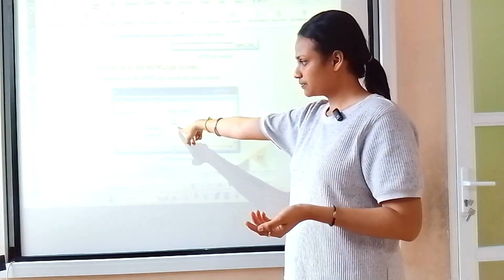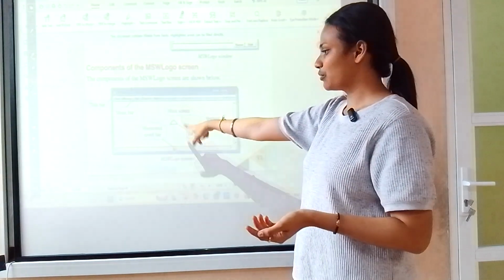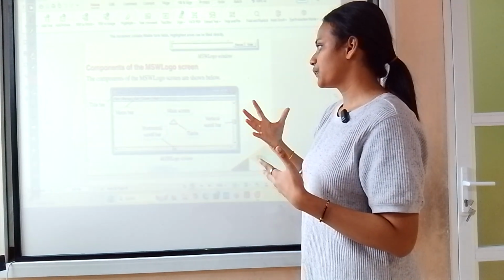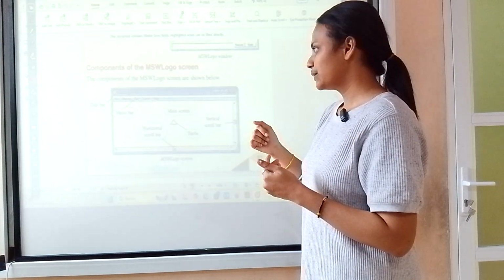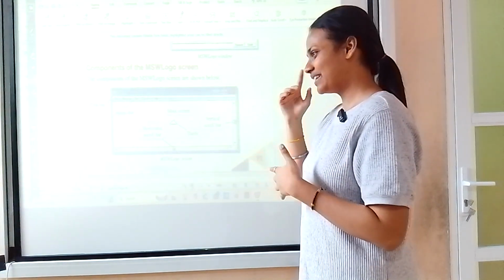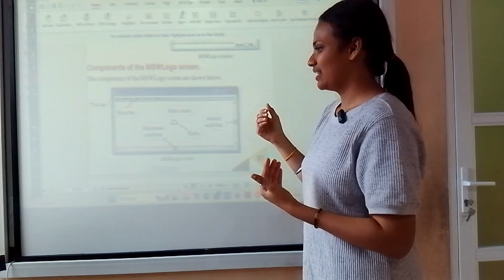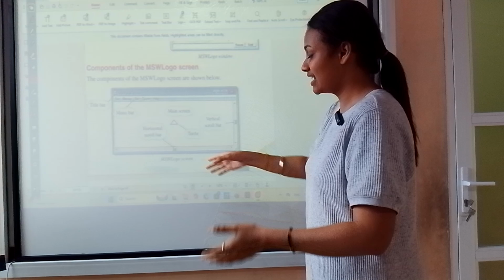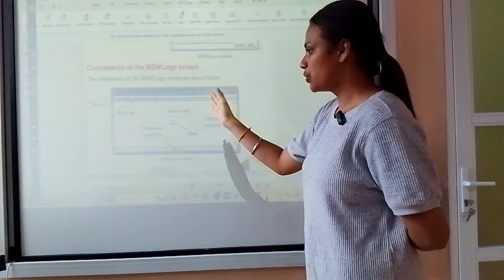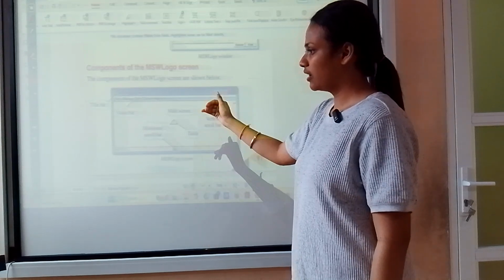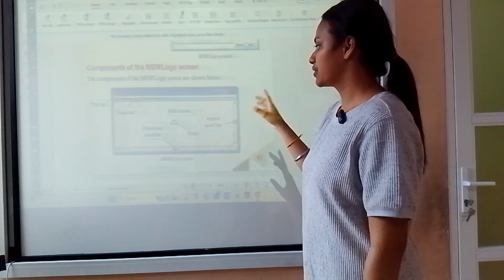This turtle will move whenever you are giving an instruction, the step. Whenever you give the instruction, this turtle will move and leave lines behind it, miss.